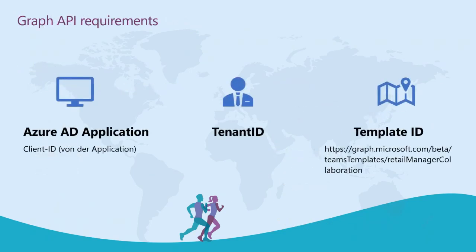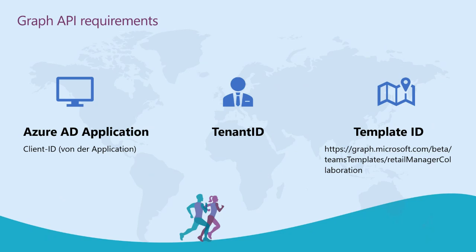What's necessary to use the Graph API? Basically, you have three pillars and very important requirements here. You have to create an Azure AD application. And this Azure AD application gives you a client ID. With this client ID, you are able to address the application.